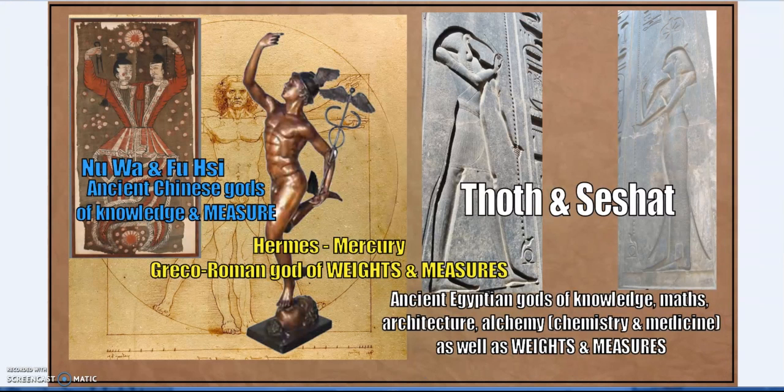These are all embedded. So gods of weights and measure, gods of geometry, gods of knowledge and alchemy and medicine. The ancient gods of science were the gods of architecture, the gods of geometry and maths, especially gods of weights and measures. The principles of ancient architecture are seen not just in the writings of people such as Vitruvius and earlier Greek writings, but also in the actual measurable proportions of, for instance, the Great Pyramids of Egypt, which correspond to the same particular method, the same knowledge, the same philosophy of symmetry and proportion, and man is the measure of all things.